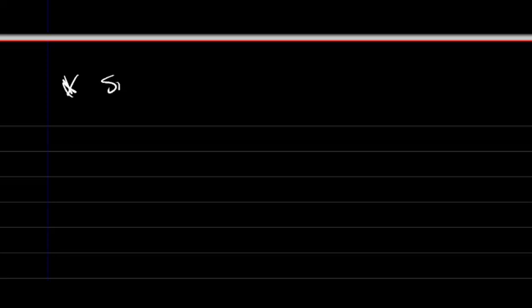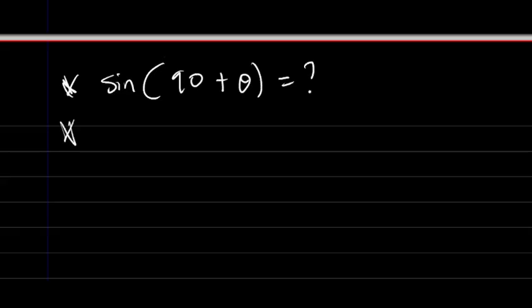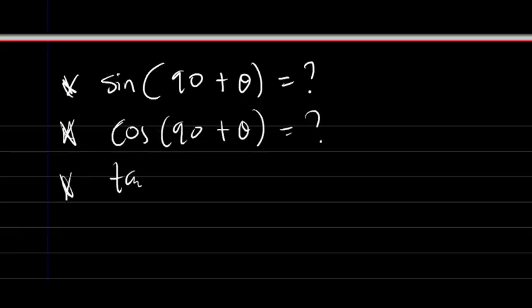What we have sine 90 plus theta, are we still going to have the same thing? What if we have cos 90 plus theta? What about tan 90 plus theta?